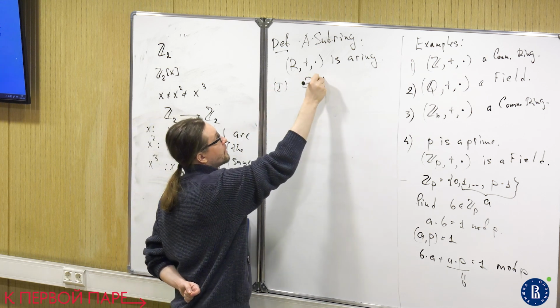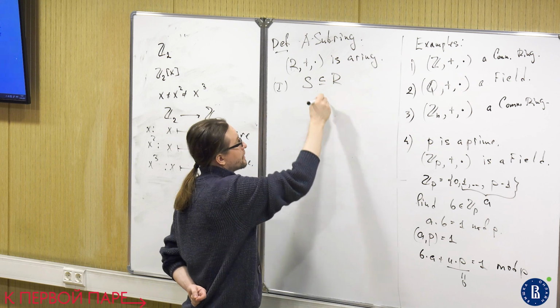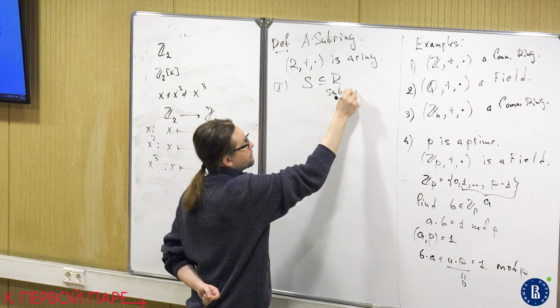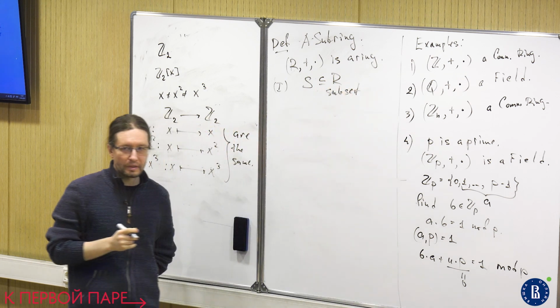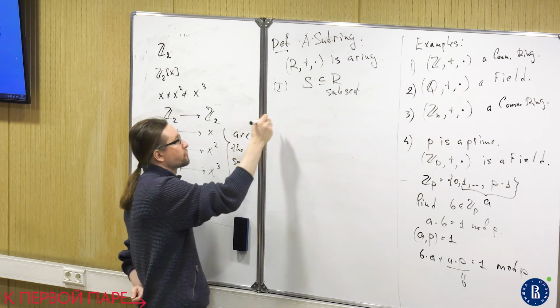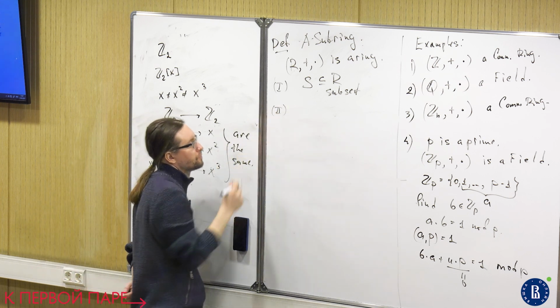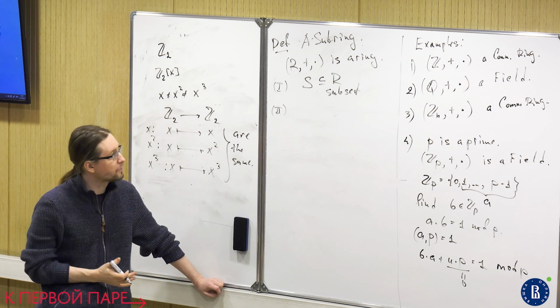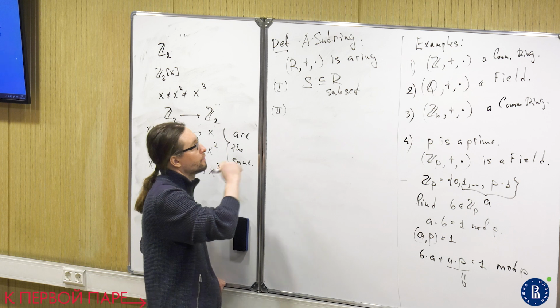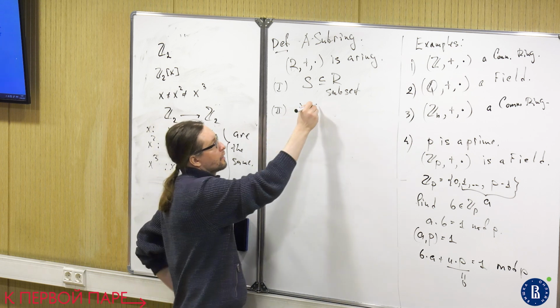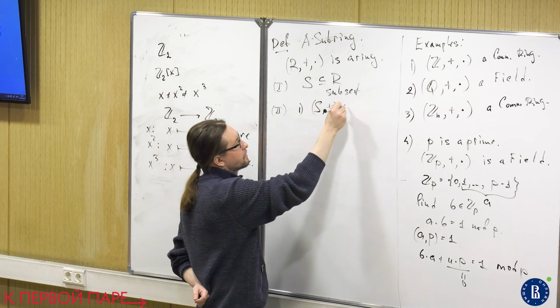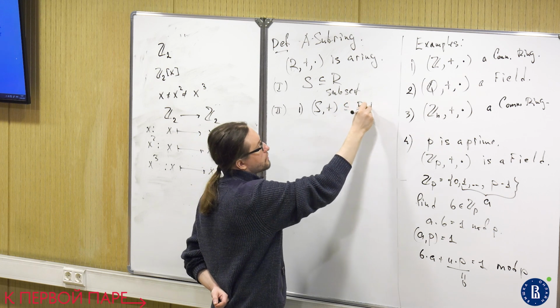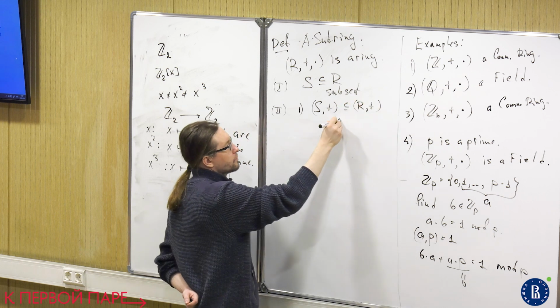First of all, it's a subset S in R. Now, what kind of properties do we have? Well, first of all, S with plus, in R with plus, must be a subgroup.